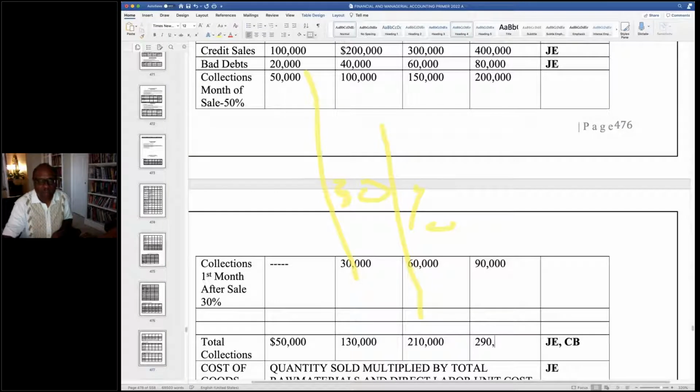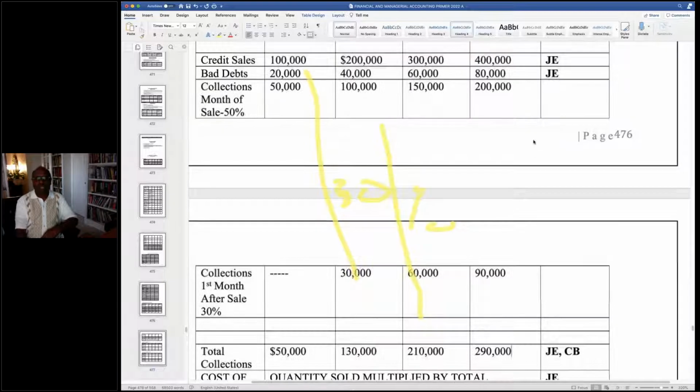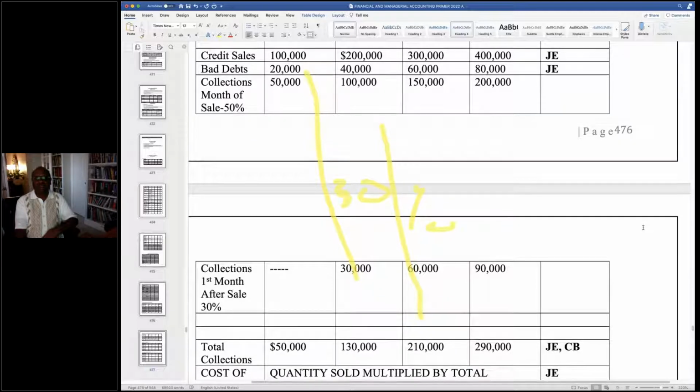Oh yeah. When you see add, which ones did you add together for the total collection? Just 290. 150, 60, 130, 50, and 0.